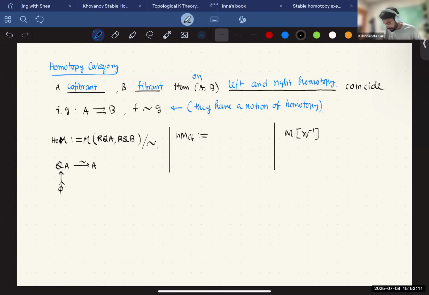QA is your cofibrant object. And for RA, given A, you can replace it by something called a fibrant replacement, such that this unique map is a fibration.